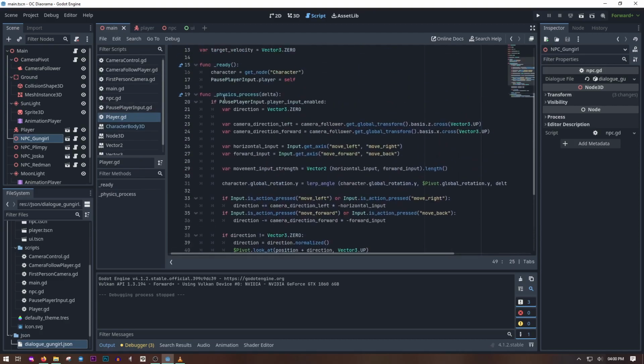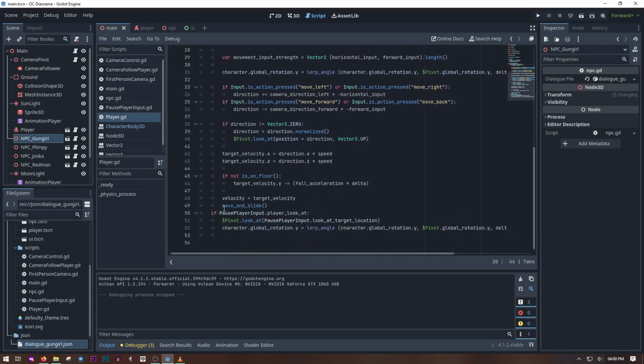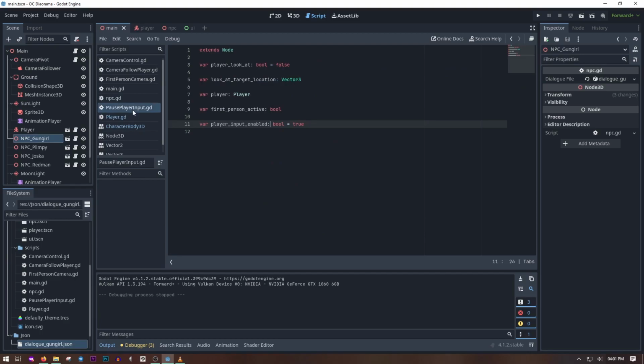So that's just in physics. If pause player input is enabled, all of this can happen. If it is not enabled, none of this can happen. If pause player input player look at pivot look at pause player input dot look at target location. So I just go to pause player input, just check. So look at target location is a Vector3.